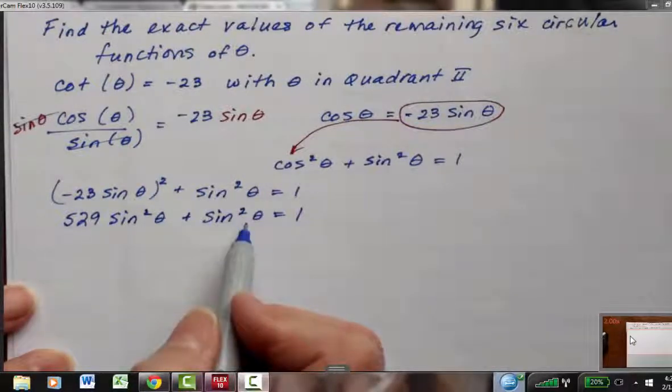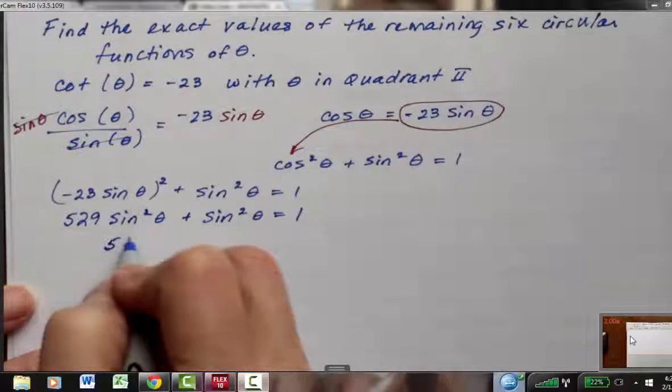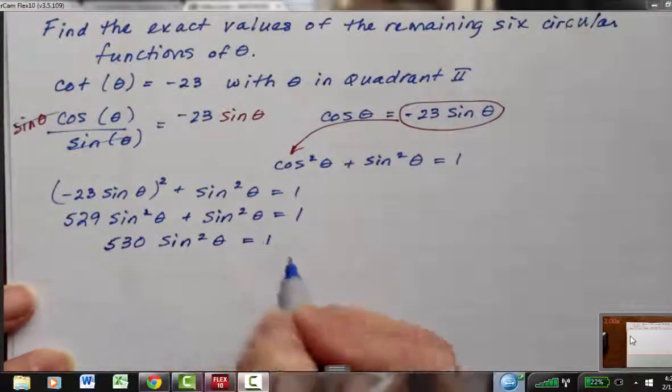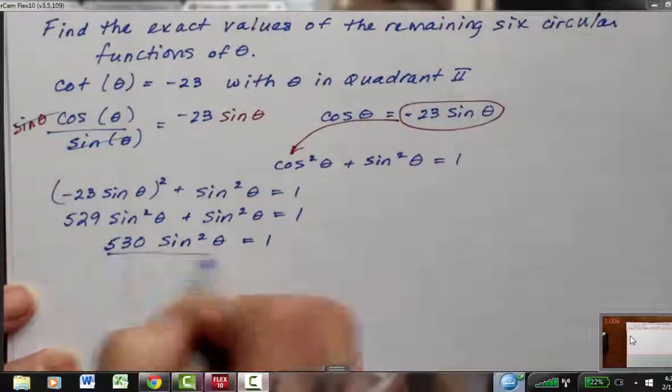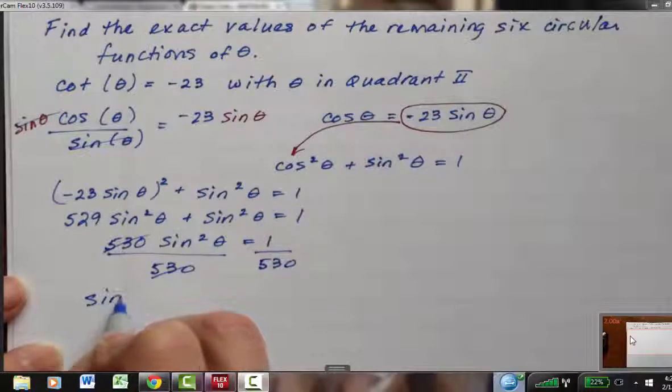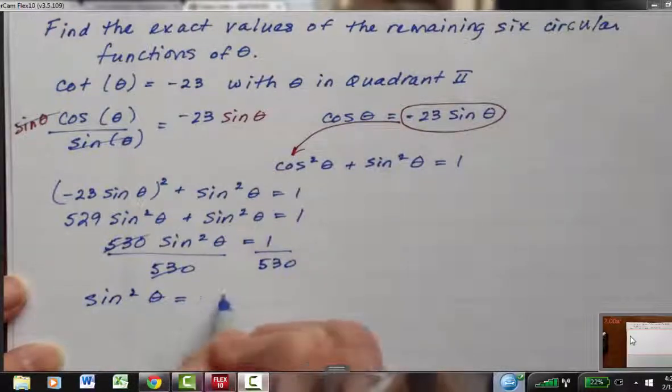Adding my sine squared thetas, I end up with 530 sine squared theta equals 1. Dividing both sides by 530 to solve for sine, I end up with sine squared theta equals 1 over 530.